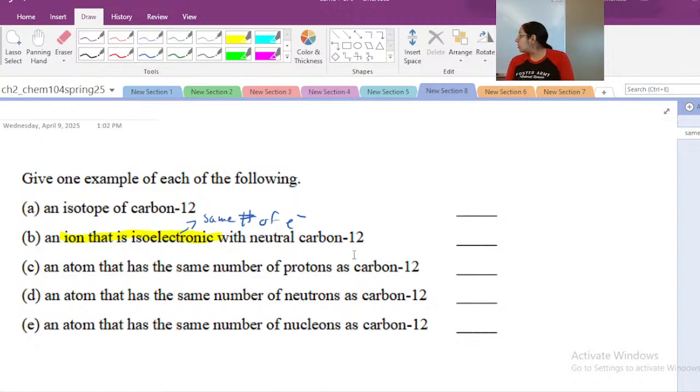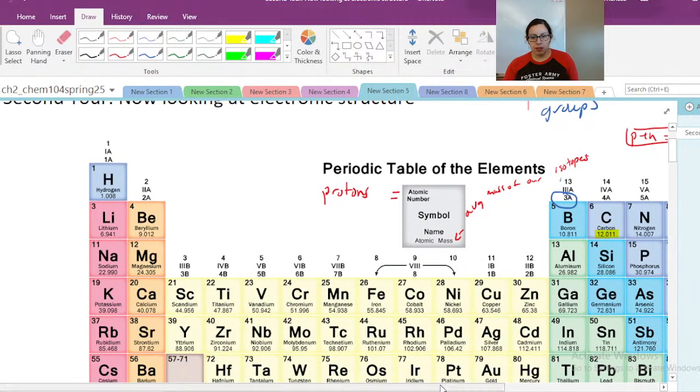How many electrons does carbon have? We can look at our periodic table.